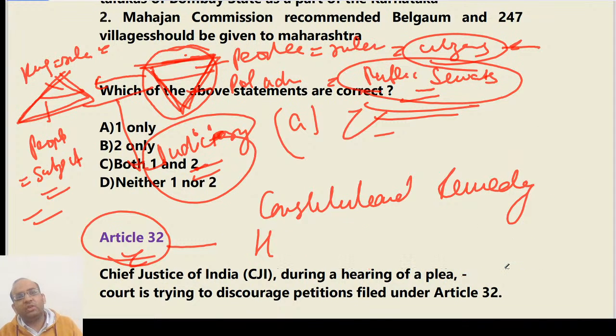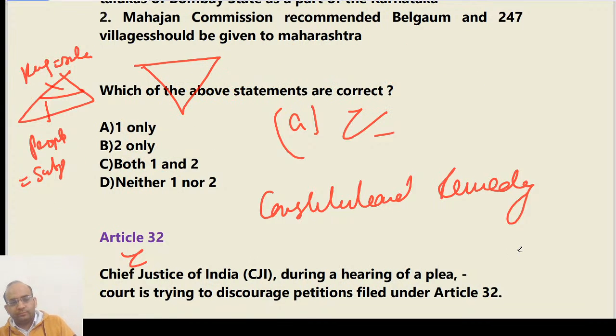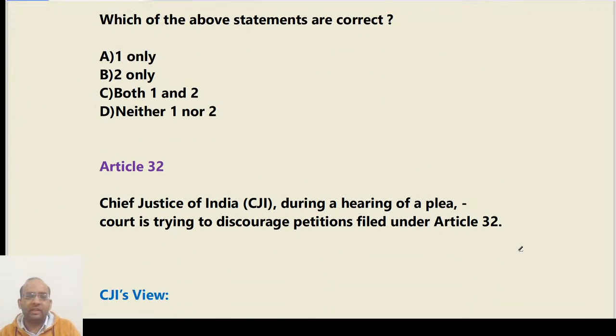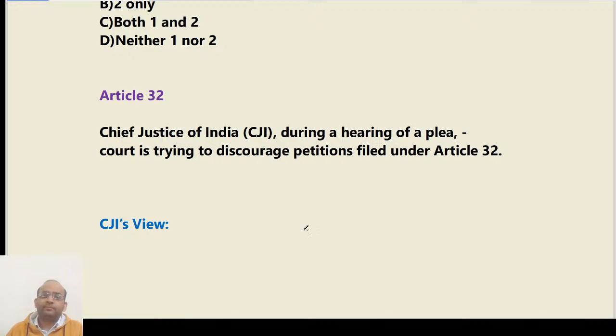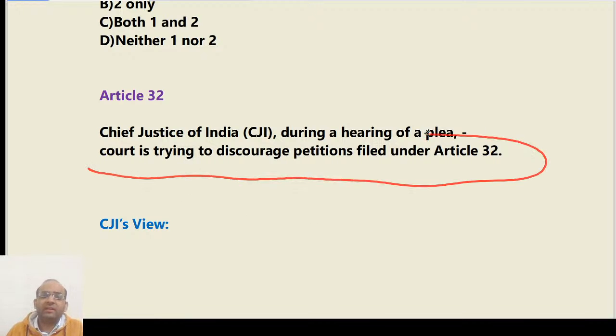So now what is the issue? The Chief Justice of India said, we are trying to discourage petitions under Article 32. We are receiving a large number of petitions under Article 32 and we are not able to cope with it. That is why we are discouraging these petitions.